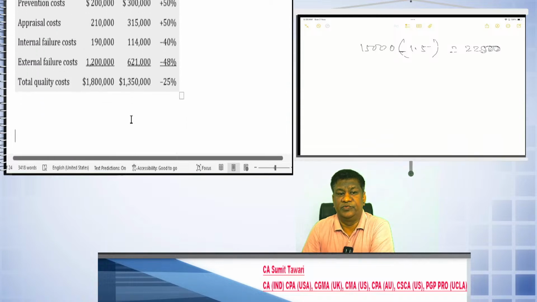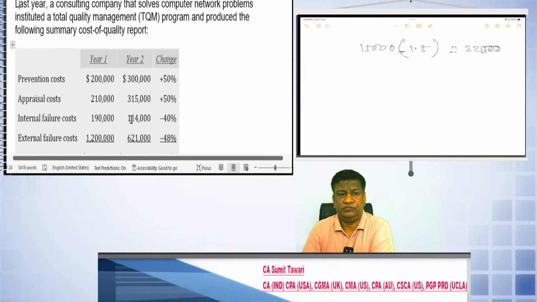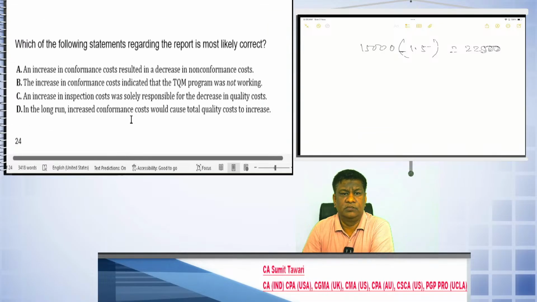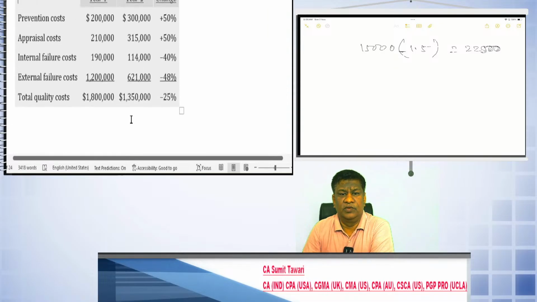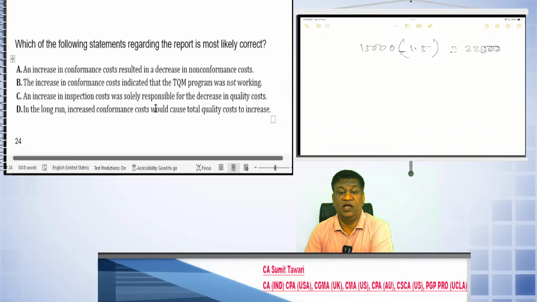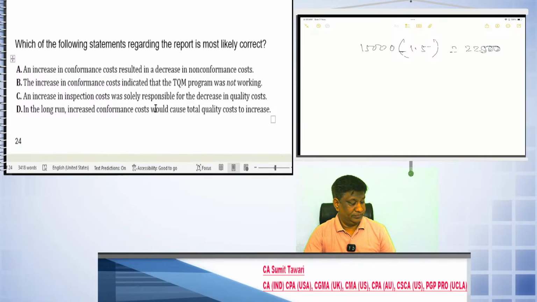Question number 22. Okay, so here also in the same data. As you know, the conformance cost is high and the non-conformance cost is less. Yeah, so we already solved this.